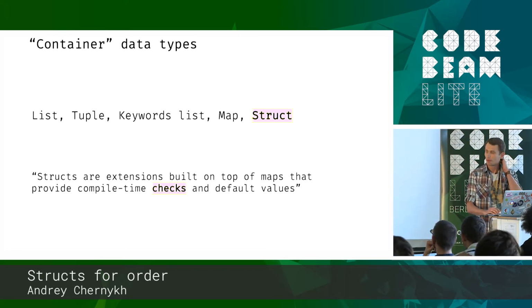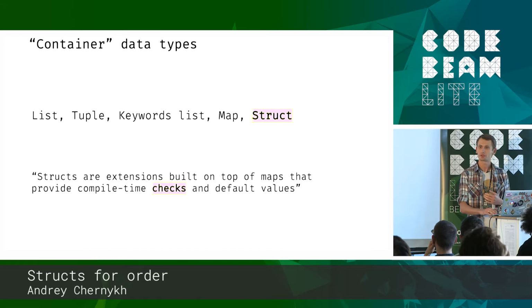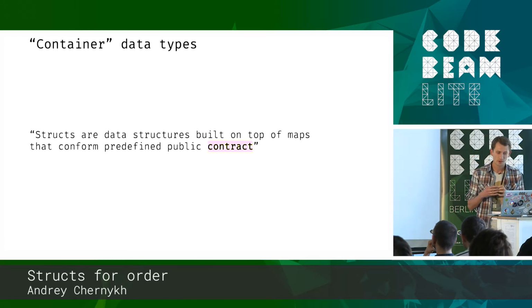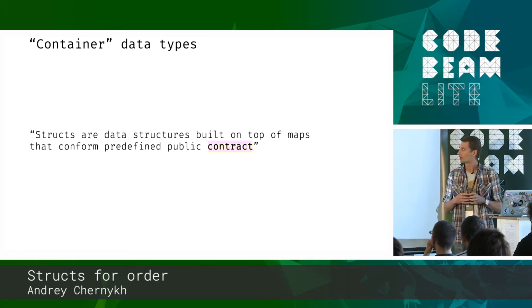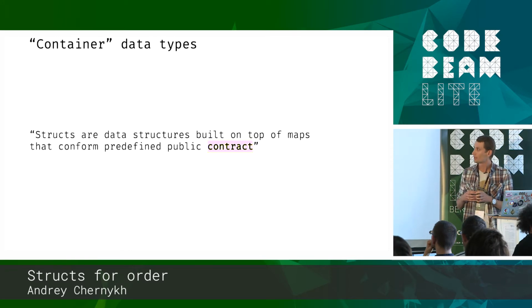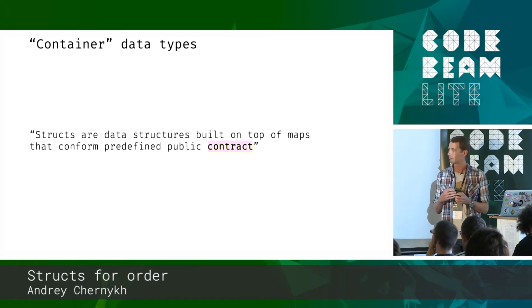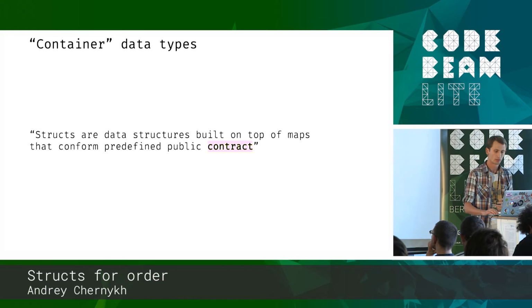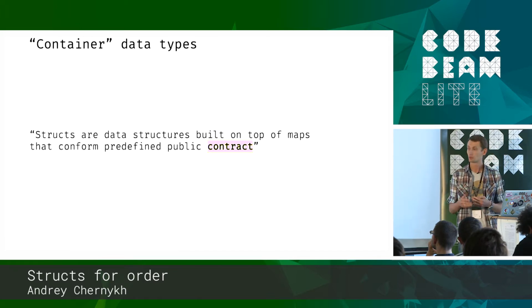And I'd like to provide my personal definition for struct as a bridge to the rest of the talk. Structs are data structures built on top of maps that conform to a predefined public contract. Why is it important to think about contract when we are thinking about struct or considering using it?